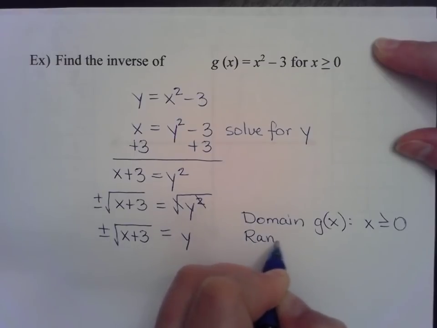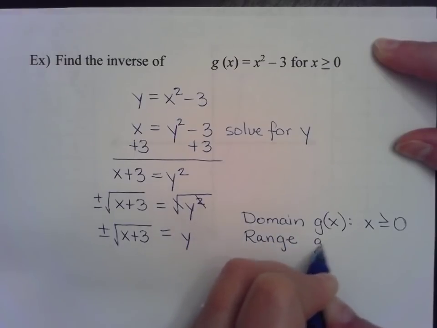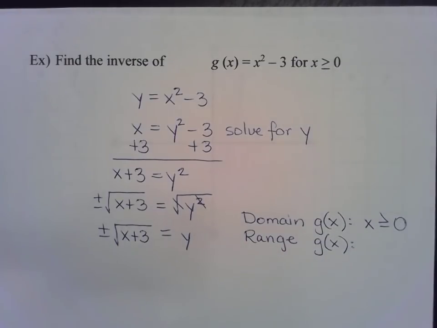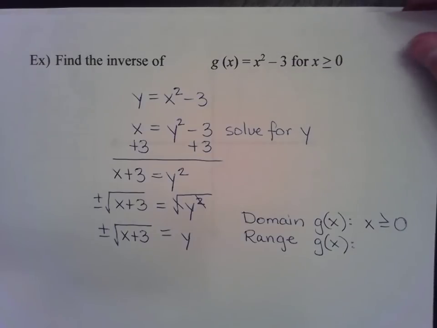What is the range for g of x? I'm not writing an interval notation, although you could do that. I just want to make it as easy as possible to see the relationships going on here. If you needed to think about the range, you could look back at the graph we just drew.